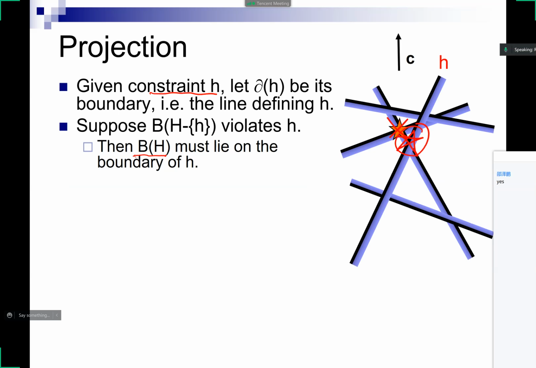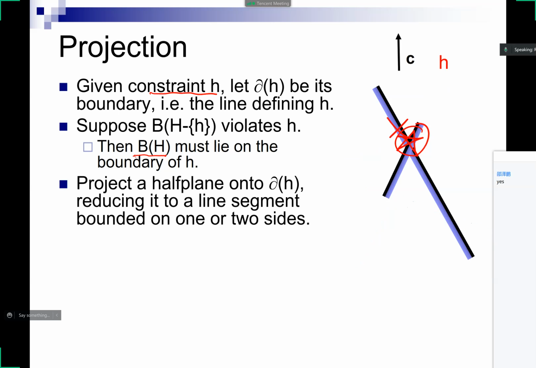So the optimum is actually over here, and this point lies exactly on the boundary of H. After all of these projections, the optimum has to lie exactly on the boundary of H, and the boundary of H is just a line, so it's just a 1D region. Previously we had a 2D LP, so our feasible region was two-dimensional, but now after all of these projections onto the boundary of H, we end up with a 1D LP.